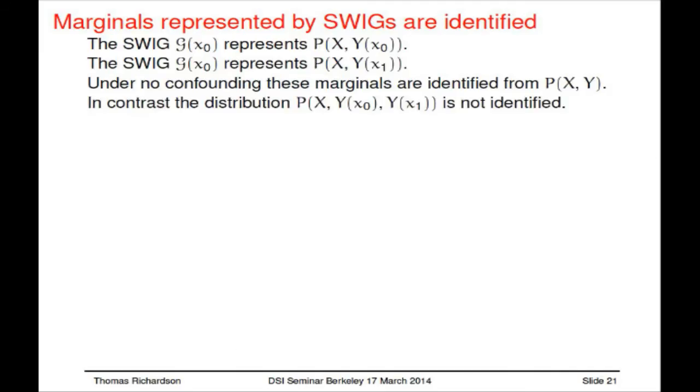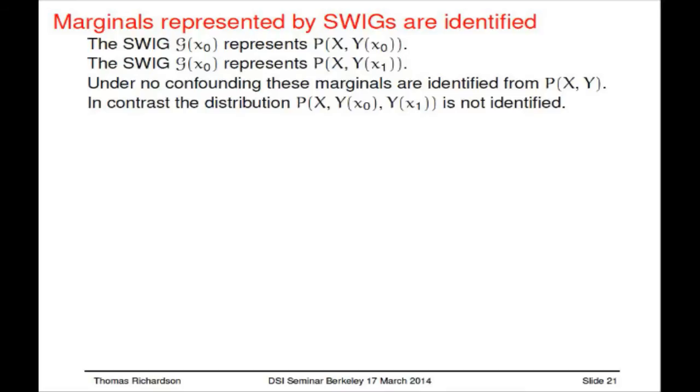In contrast, if I'd been more ambitious and I'd tried to build a graph which had all three of these things on, x, y of x0, and y of x1, then I would now be talking about a marginal distribution that's not identified, for the reason that we never get to see for any individual both their outcome under y of x0 and their outcome under y of x1. So there's no information.